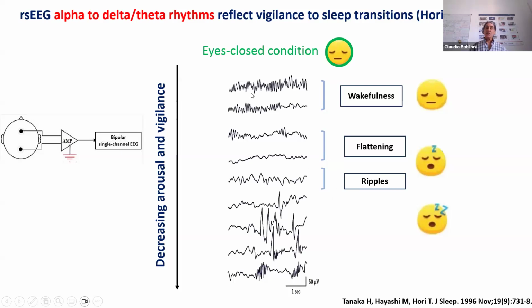And so ongoing EEG activity can represent a useful and informative neurophysiological biomarker of the vigilance regulation and brain arousal in humans.